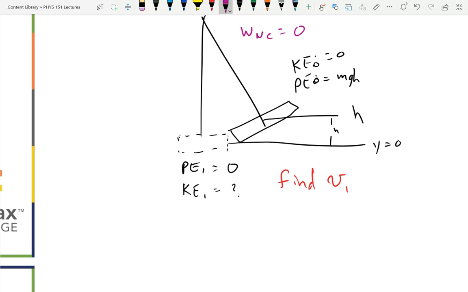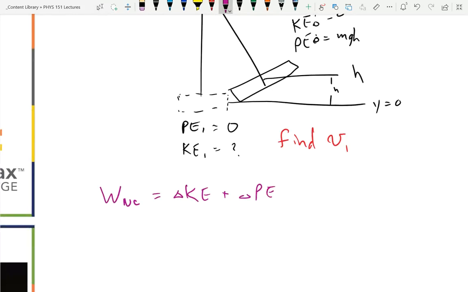And so then you apply the work energy relationship in the form of work non-conservative is equal to change in kinetic energy plus change in potential energy. So that's going to be 0 equals kinetic energy final, which is 1/2 mv1 squared, minus kinetic energy initial, which was 0, plus potential energy final, which is 0, minus potential energy initial, mgh.